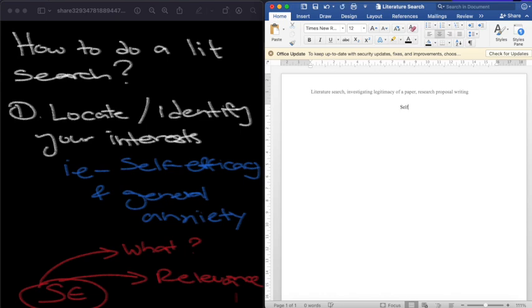Let's say self-efficacy and its effects on anxiety. Now here's the thing. Let's say this is a very simple research topic, self-efficacy and its effects on anxiety.